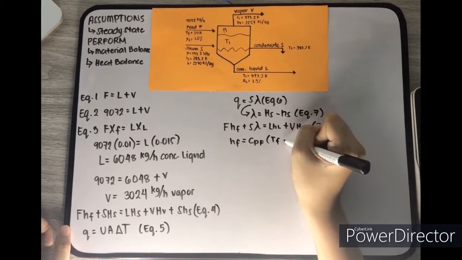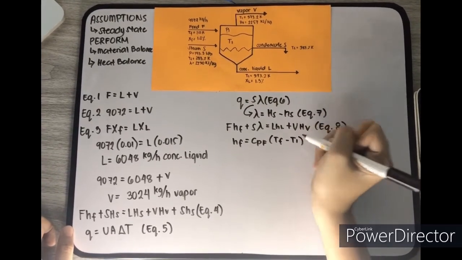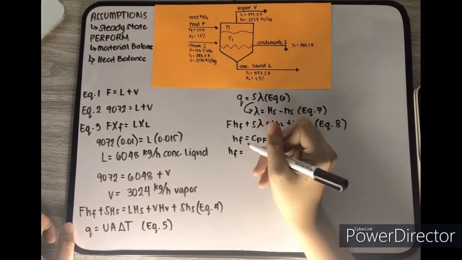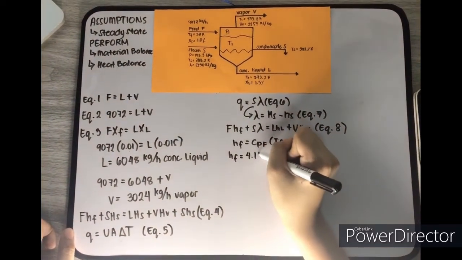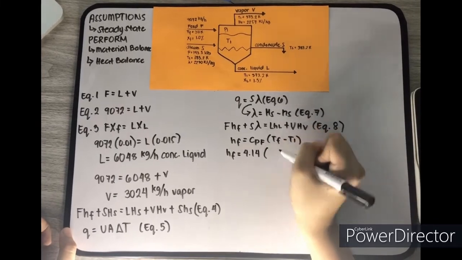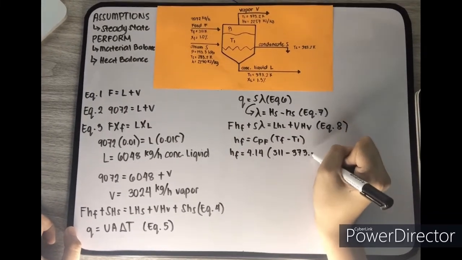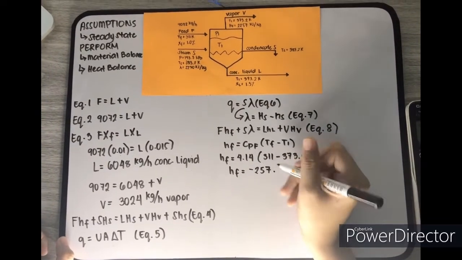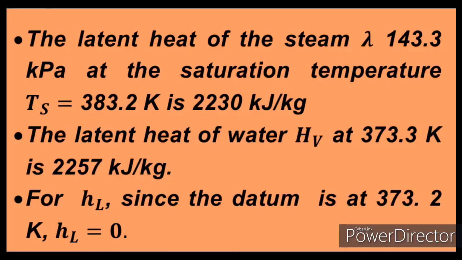Calculating the enthalpy of the feed, we have HF is equal to CPF times TF minus T1, in which 4.14 times 311 minus 373.2 results to negative 257.508 kilojoules per kilogram.